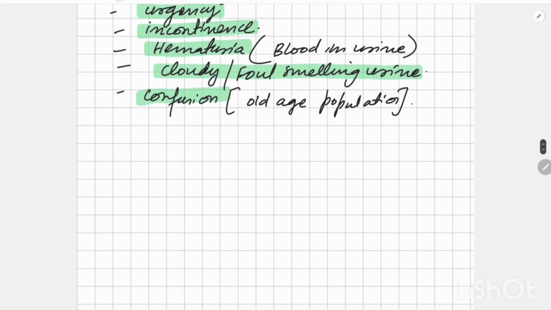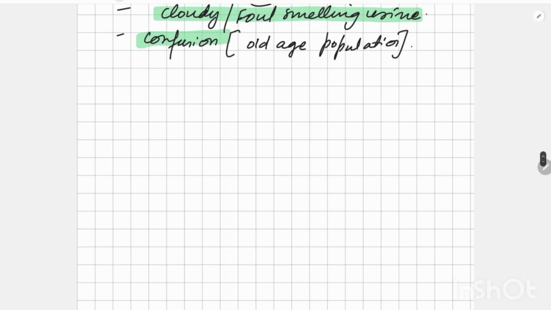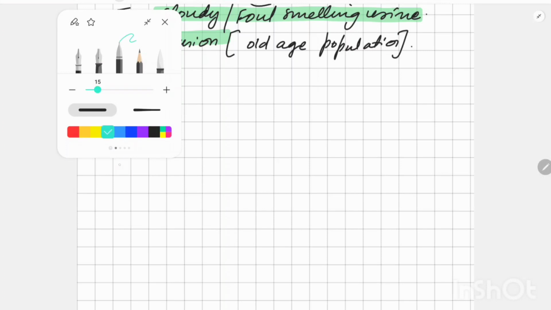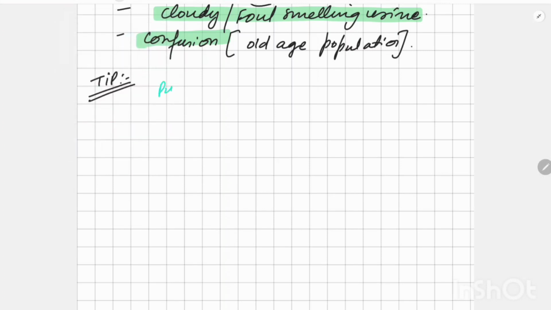Now, moving on to the next part of the topic, here's a tip for you. You have to remember that pyelonephritis is a really serious thing, and it is associated with serious complications.